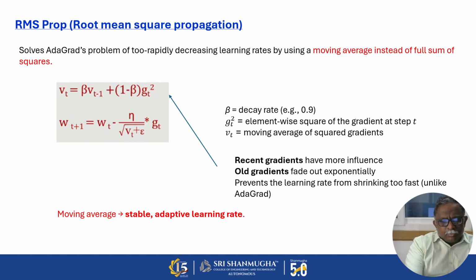This moving average gives a stable and adaptive learning rate. It avoids the vanishing learning rate and prevents the learning rate from shrinking too fast. That is the advantage over the disadvantage of Adagrad.